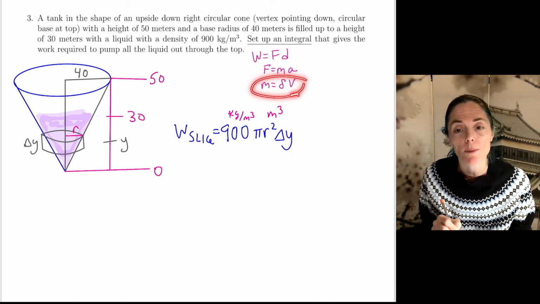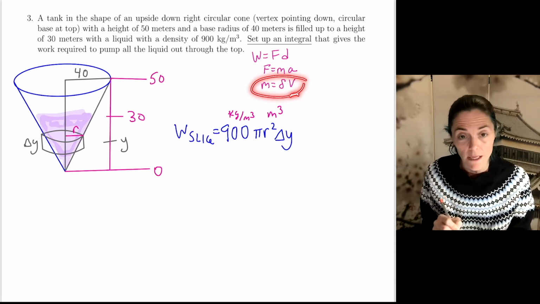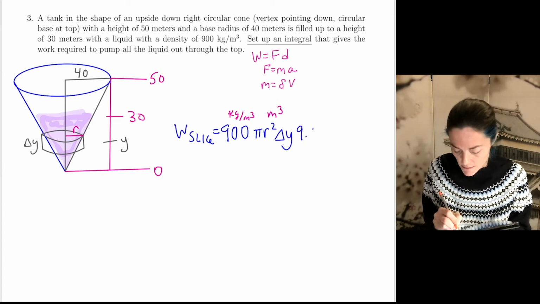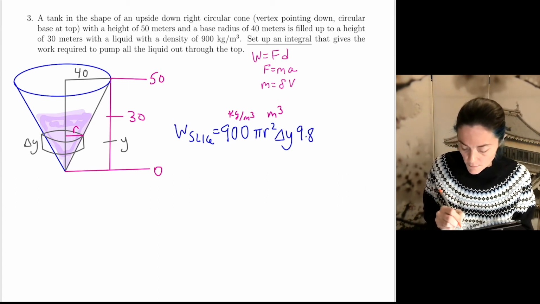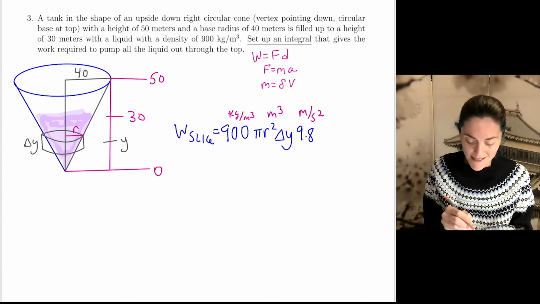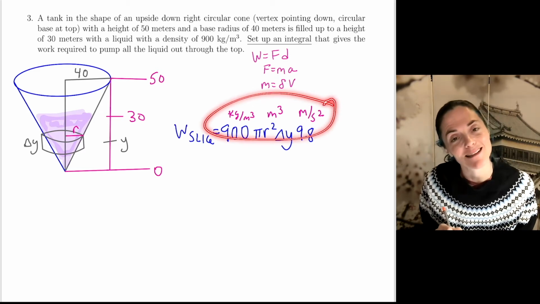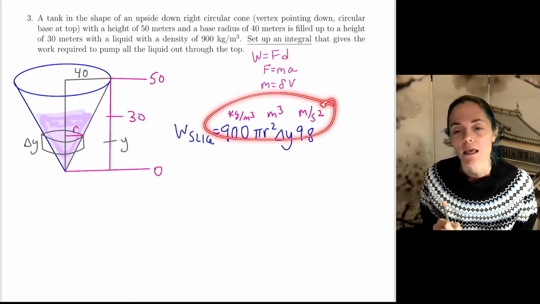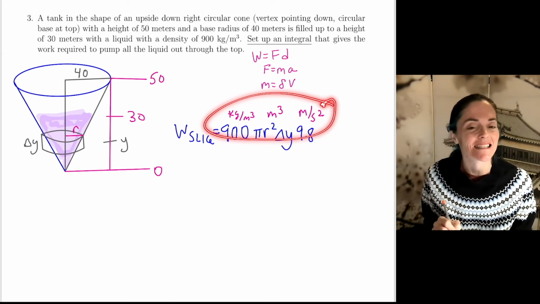Now, multiply by gravity. Acceleration due to gravity is 9.8 meters per second squared. So now we have kilogram meters per second squared. This is a Newton. And the final thing is I need to multiply by a distance.